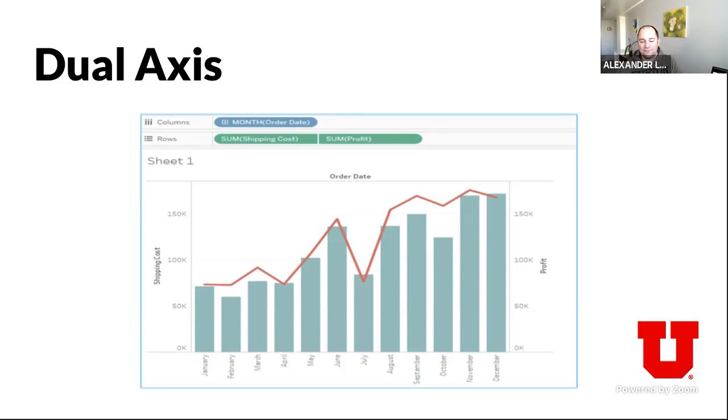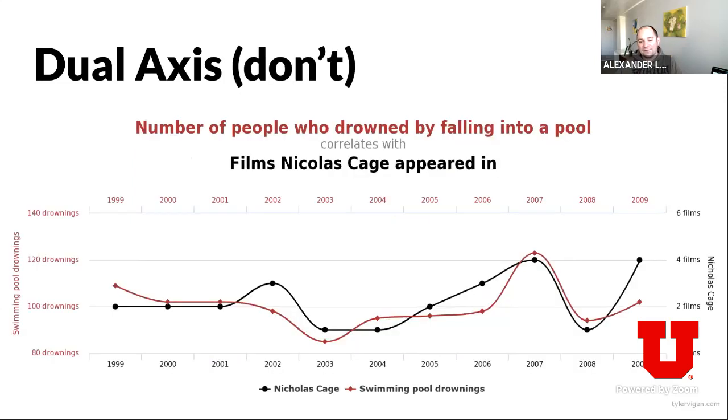Because I'm personally not a big fan of charts that have more than one axis. It's possible, and sometimes it might be useful, because here you see that shipping cost and profit seem to be very correlated, but you might also be able to see that just as well with a separate chart. And so don't really do this dual axis.